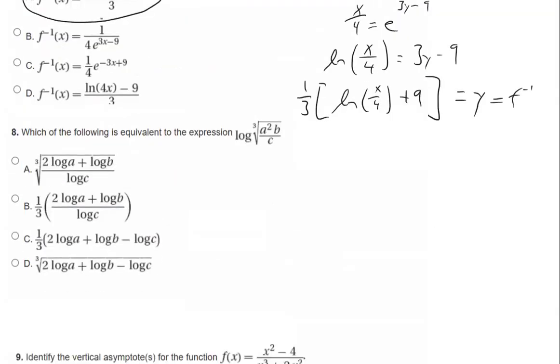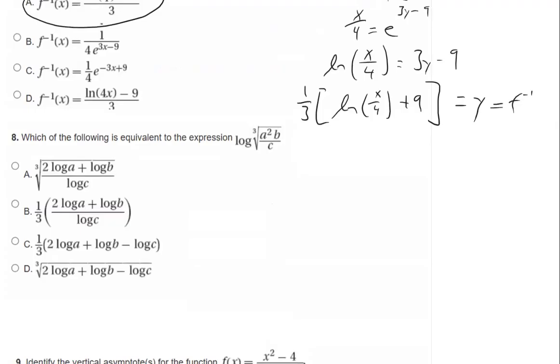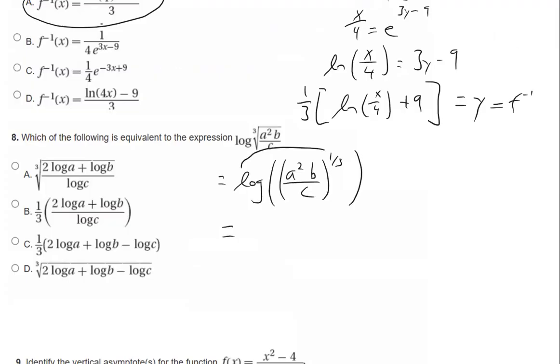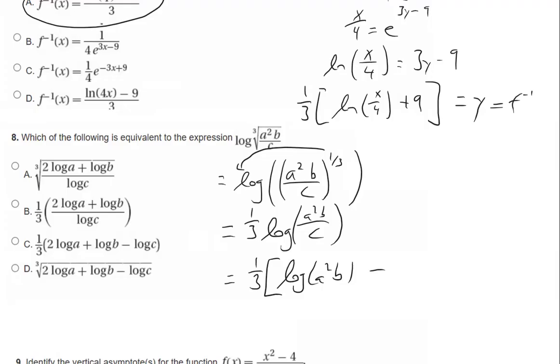Okay, number 8, it looks like we have to expand this log. Well, we can rewrite this cube root as a power. It's to the 1/3 power. And by properties of logs, we can pull that power out in front. So a third log of a squared b over c. And the next property we want to use: log of something divided by something is a difference. Log of a squared b minus log of c.